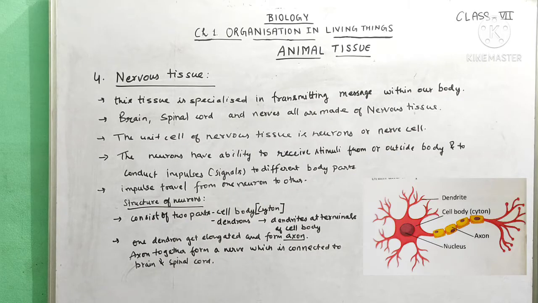The dendron in the cell body at the terminal end forms the dendrites. One dendron gets elongated and forms an axon. Axons together form a nerve which is connected to brain and spinal cord. Okay.